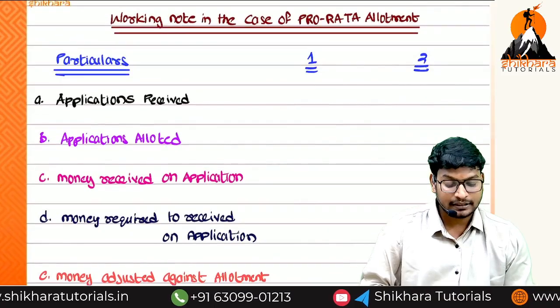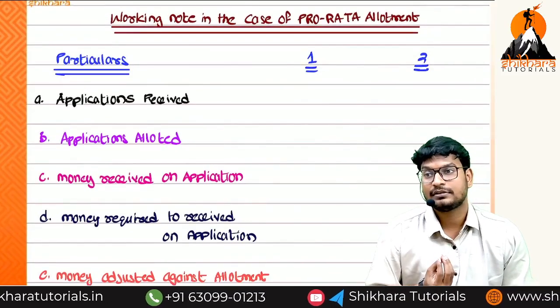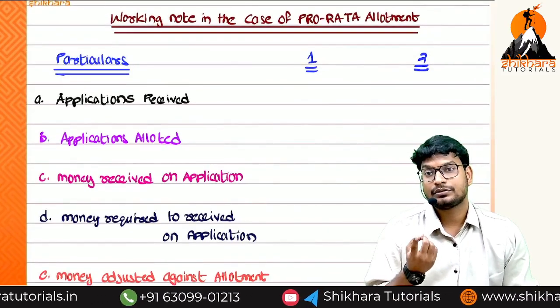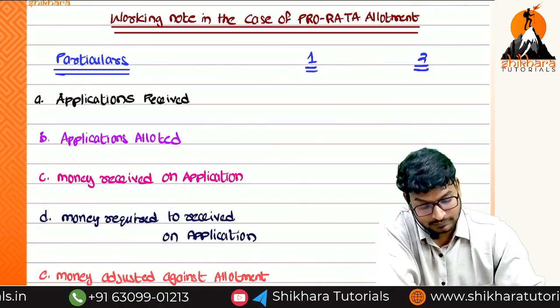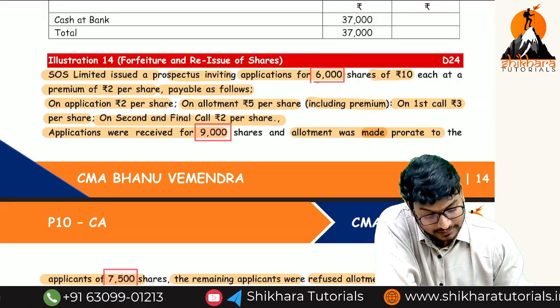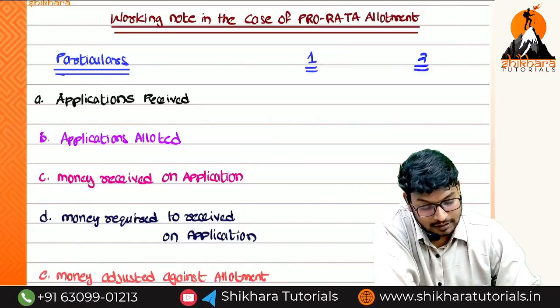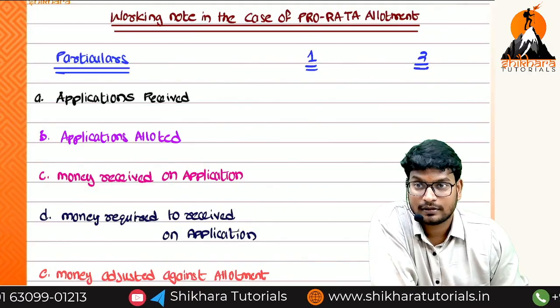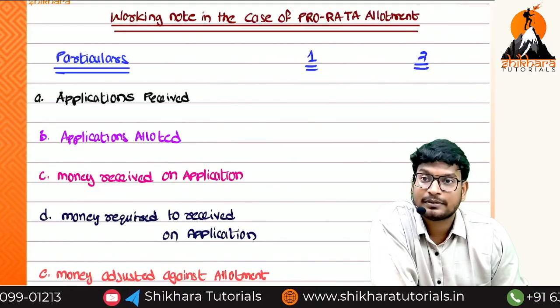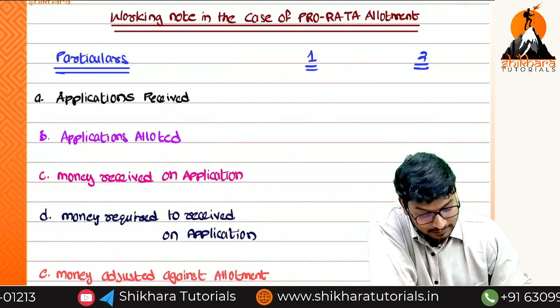So I am dividing the total shares. We have received how much ma? Even though we have issued 6,000, we have received how many shares? How many shares we have received ma? 9,000. Okay na? Out of this 9,000, I am dividing into the two categories. How many shares we have allotted as a pro rata? 7,500.